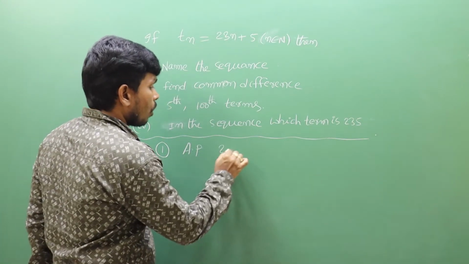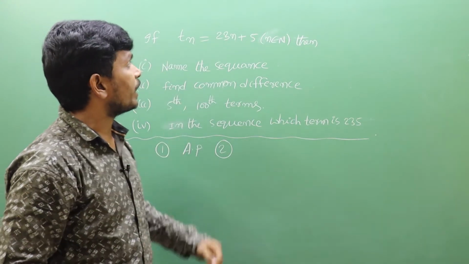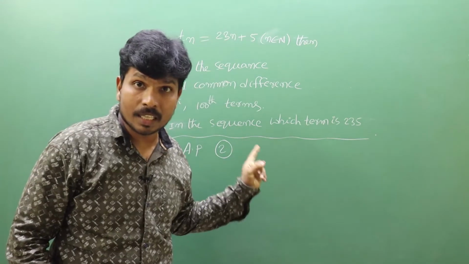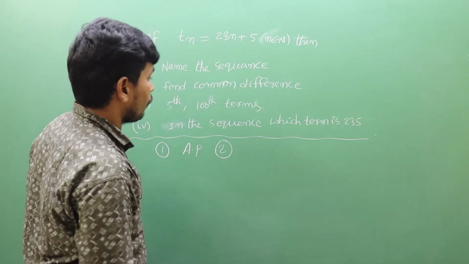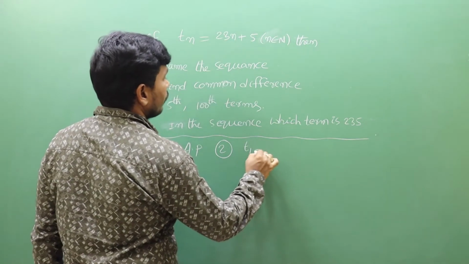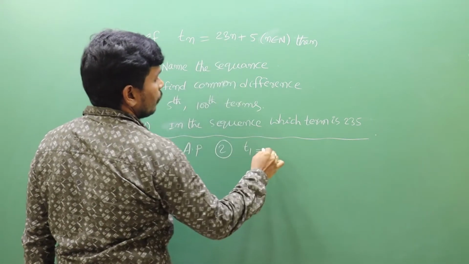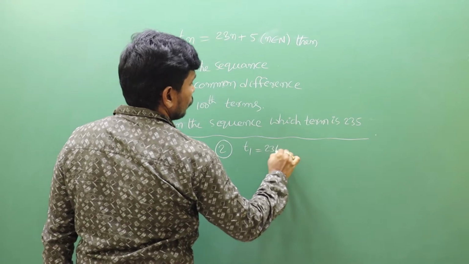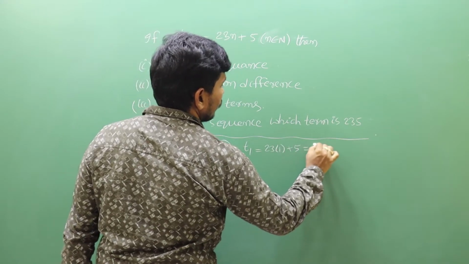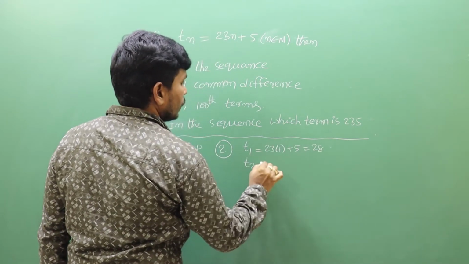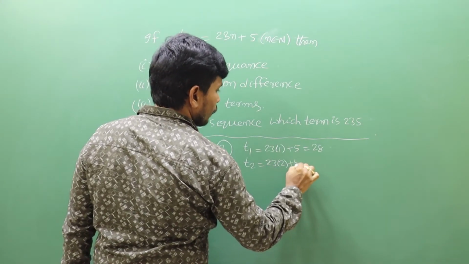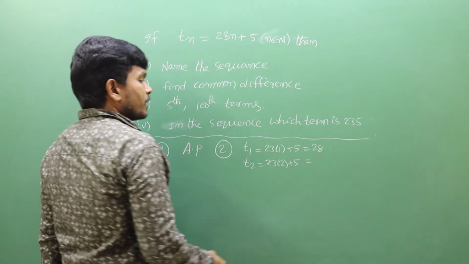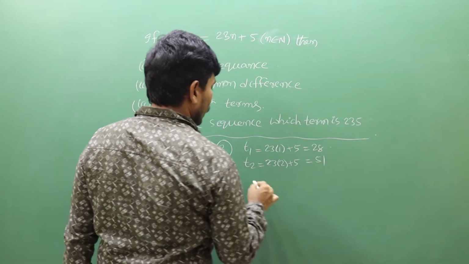The second one is the common difference. How to find the common difference? It is the difference between two successive terms. So first find the T1 value. T1 is nothing but the n value 1: 23 into 1 plus 5 is equal to 28. T2: 23 into 2 plus 5, so 46 plus 5, 51.